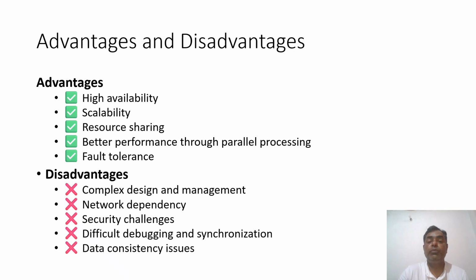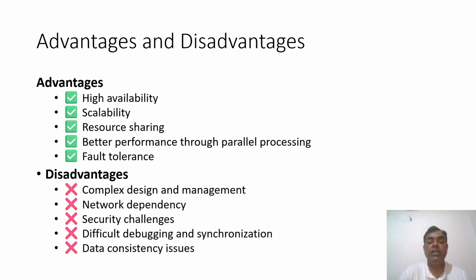Better performance through parallel processing, because you can download the file from different servers at the same time. Fault tolerance. It means if there is some fault in one node, you can get the data from another node due to the replication that is used in distributed system.